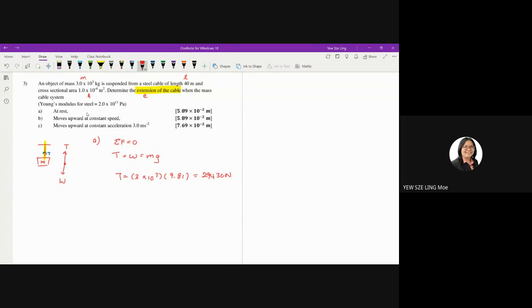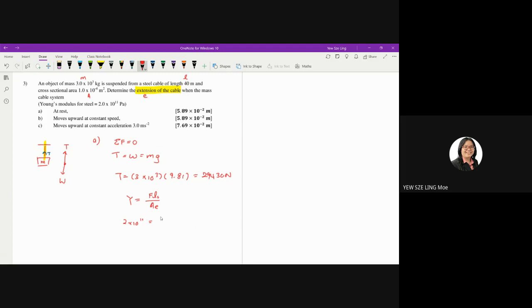Now that we have the tension, we can calculate the extension by applying the Young modulus equation. So Y equals FL naught over AE. Given the Young modulus is 2 times 10 to the power of 11, the force inside this cable refers to the tension.